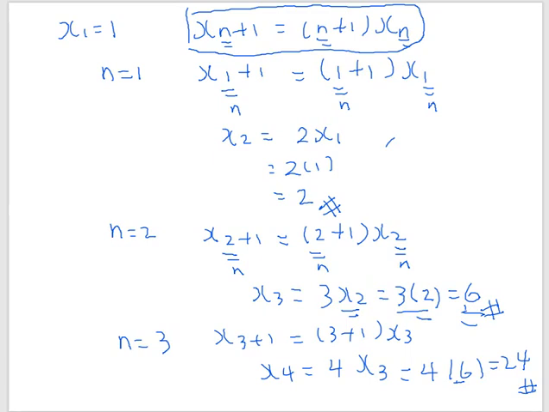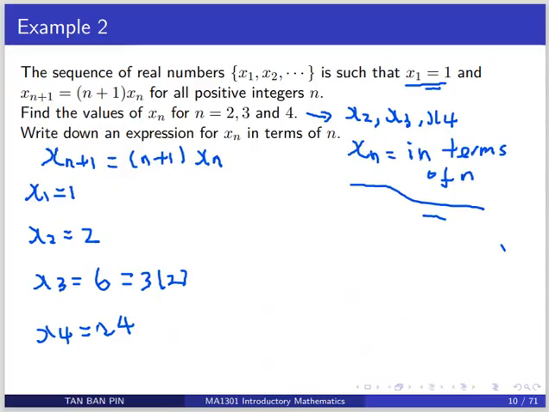You'll find that sometimes it is good to keep the original form. 6 is 3 times 2, which means 24 is actually 4 times 6. So it's actually 4 times 3 times 2 times 1.